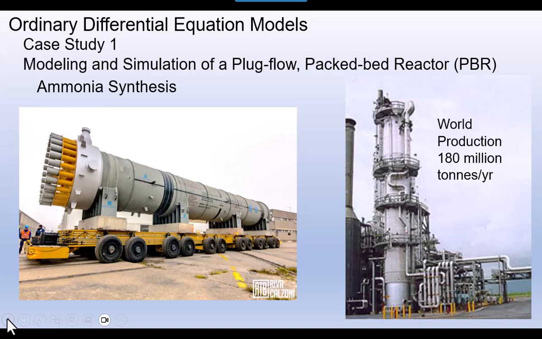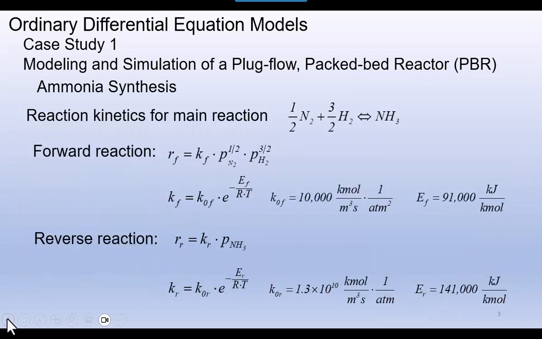So as we look at the chemical reaction involved here, it's fairly simple. It's just nitrogen and hydrogen combined in stoichiometric ratio to produce ammonia. And it turns out that for this reaction, there's a forward path and a reverse path. And the reaction is run in gas phase, obviously, and at a very high pressure.